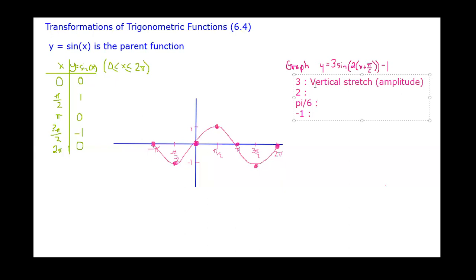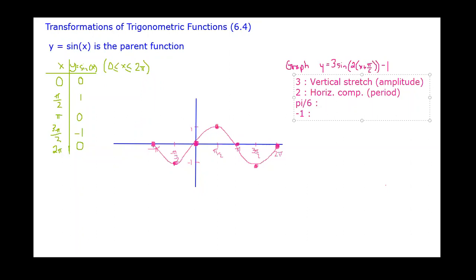Isn't that a horizontal compression? Yep. So this is a horizontal compression. And so what does that actually change? Does it change the amplitude? Okay, Christian says it's going to change the period, which is correct, right? So that's going to change the period.